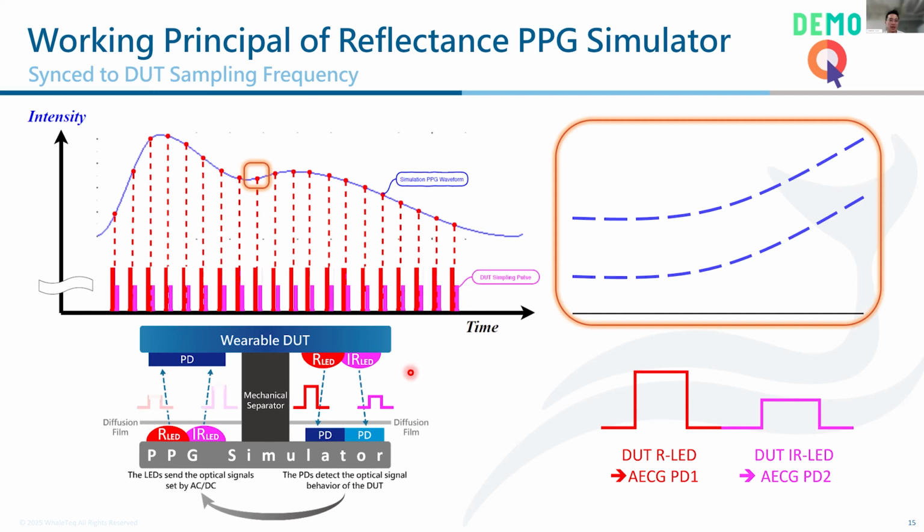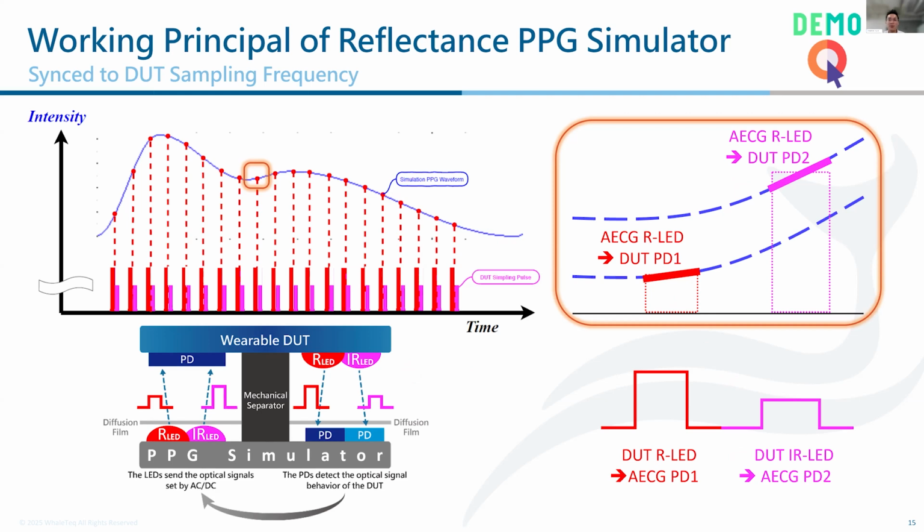In this case, it might be a stronger infrared and weaker red signal, so it's opposite to the LED intensity from the wearable. Over and over again, the whole curve will be sketched on the PD of the wearable device. With this in mind, you can understand the following demonstration easily.